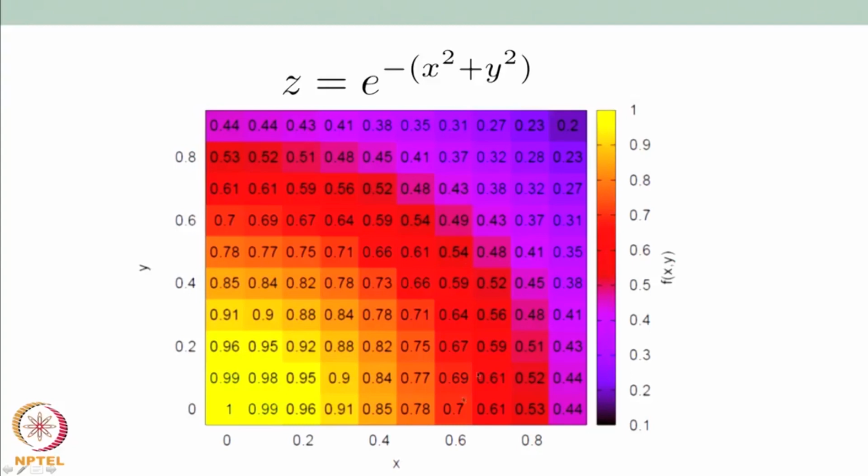So again, what you are seeing here is a nice color pattern. That color pattern is the matrix. So you can think of this as a matrix, a 2D function.